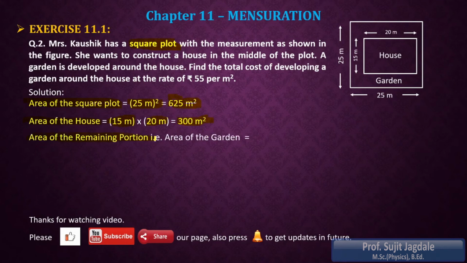Now we have to find the remaining area, that means the area of the remaining portion, which is nothing but the area of the garden. In order to calculate it, I am going to take the subtraction of two areas: the area of the house will be subtracted from the area of the square plot. Putting down the values, 625 minus 300 is 325 meter square, which is the area of the garden.